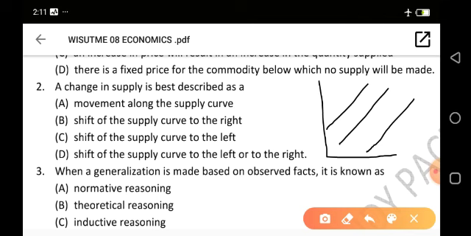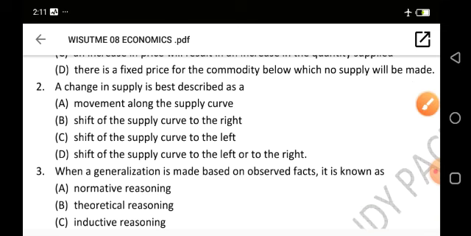So this is the original supply. It can either move down or move up. Remember, this is O, the original supply, this is 1 and this is 2.